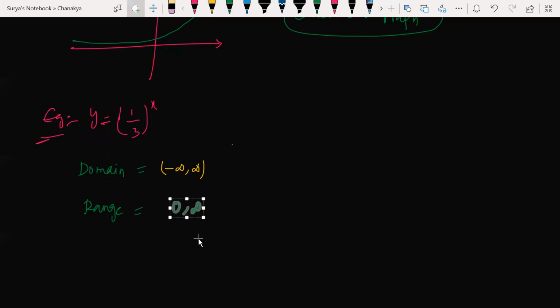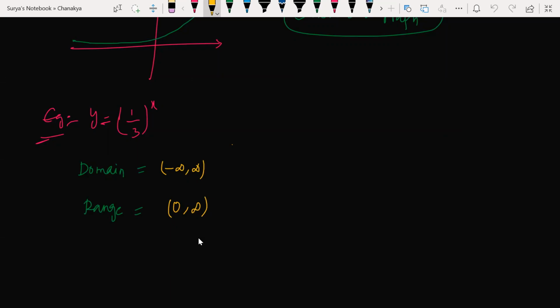Can you include 0 here? No, we cannot. We cannot include 0, it is not possible. Exact 0 you won't be getting. So this is how the domain and range of this exponential function is going to be. Domain and range of every exponential function is going to remain the same.